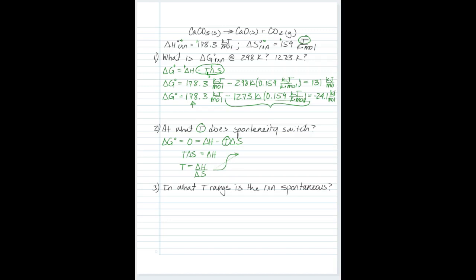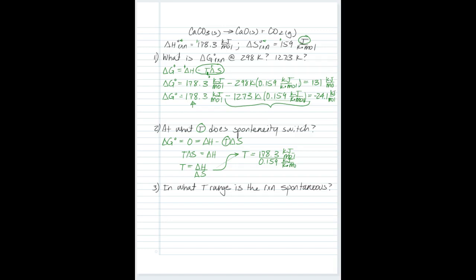And so what I'm going to do is put in my values again. So 178.3 kilojoules per mole over 0.159, always being conscientious of those units, kilojoules per Kelvin mole.